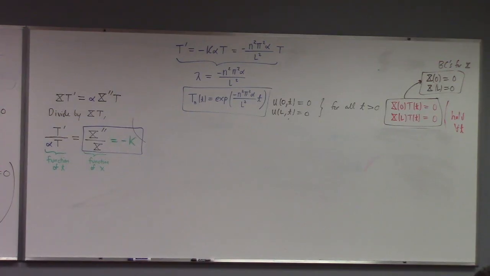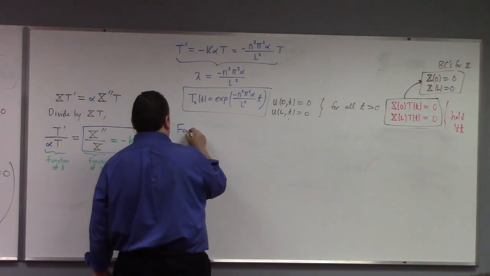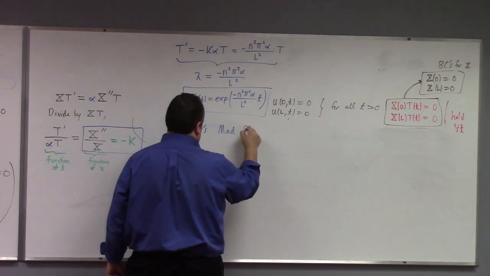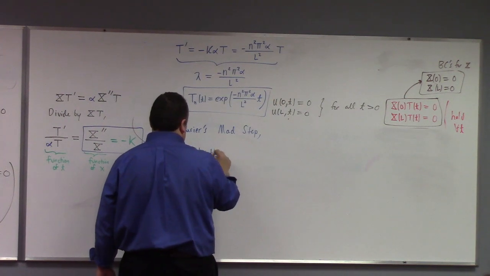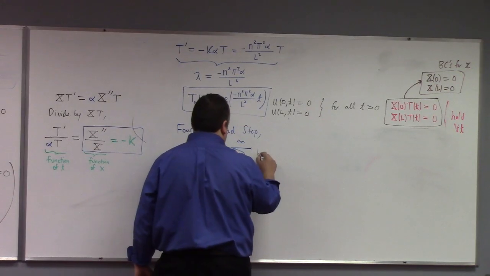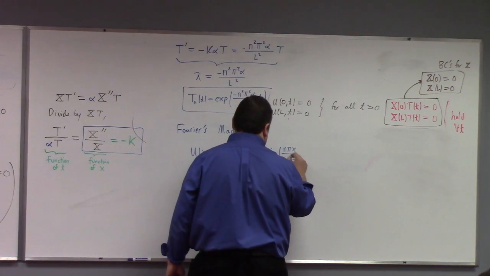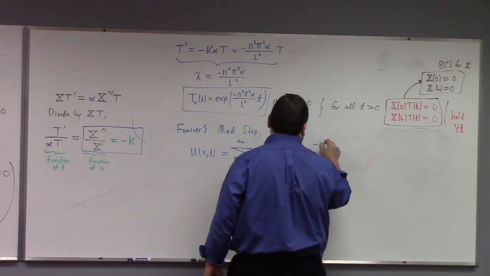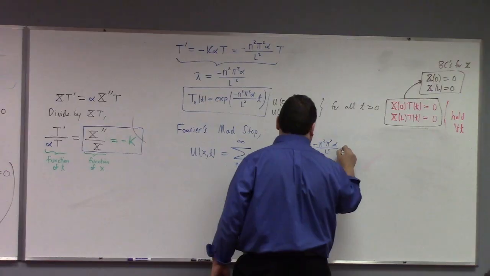We can do it for each n, right? Now we can put them together. So now here, this is Fourier's mad step. He said, okay, write the general solution like this. You take the sum, n equals 1 to infinity, of b sub n sine of n pi x over L, e to the minus n squared pi squared alpha over L squared times t.